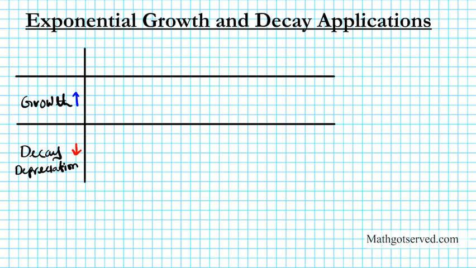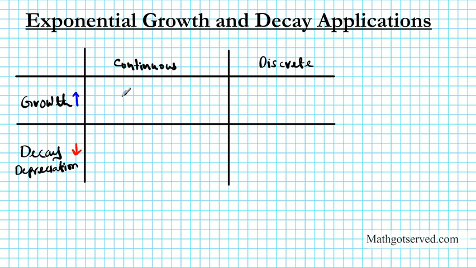There are two kinds. We can further divide these into two groups, so let's divide our grid into two down the center. The first group I can divide growth and decay into is continuous, and the second group is discrete.